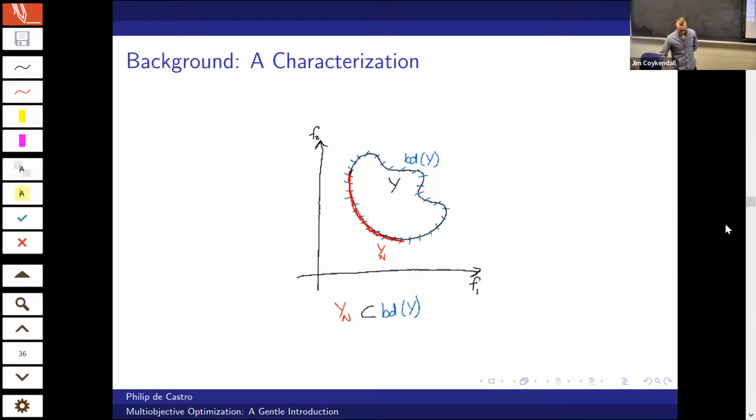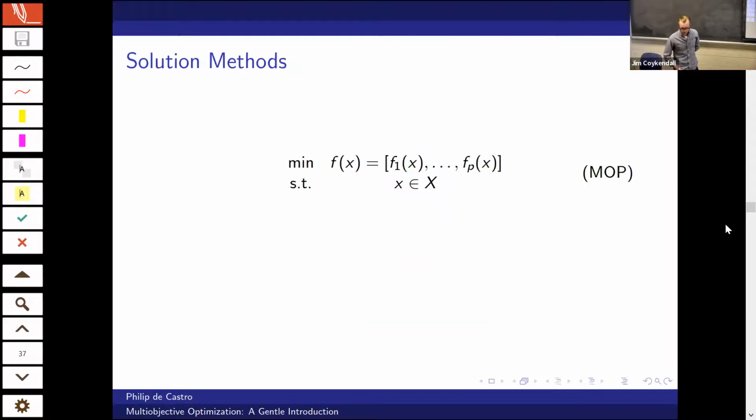So with all of that in play, now we can start thinking about how we actually solve this. How in the world do we start expressing each of these functions? One thing that you could try doing is just minimizing each one individually. But remember, we still have to deal with trade-offs.